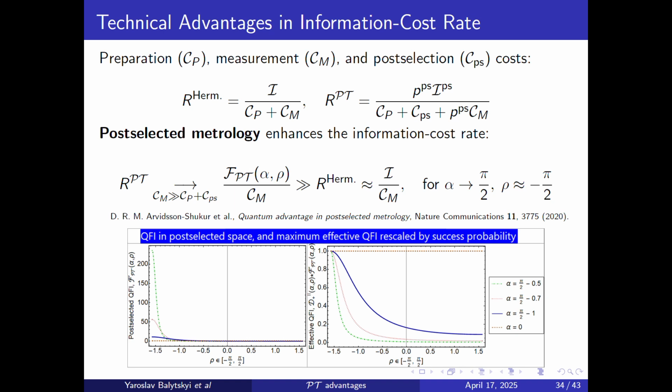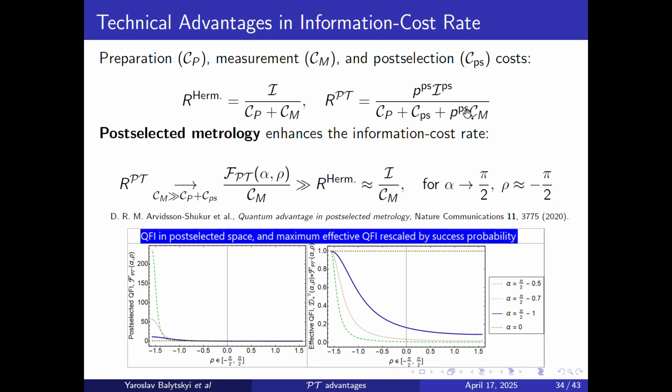So basically, in Hermitian metrology, you have quantum Fisher information, and it comes at the price of preparation cost and measurement cost. While in PT-symmetric metrology, you have some probability of post-selection, and also you have the post-selection cost, processing cost, and also, what is important, you perform measurement not all the time.